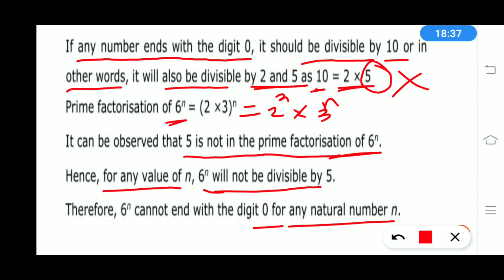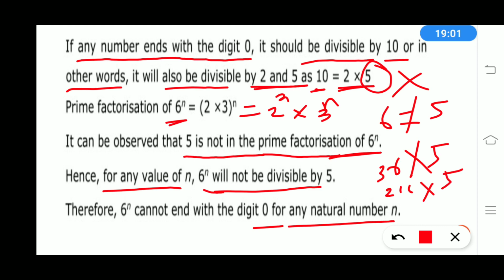Check that if n equals 1, that means 6, which is not divisible by 5. If n equals 2, that means 6 square, 36, again not divisible by 5. 6 cube is 216, again not divisible by 5.